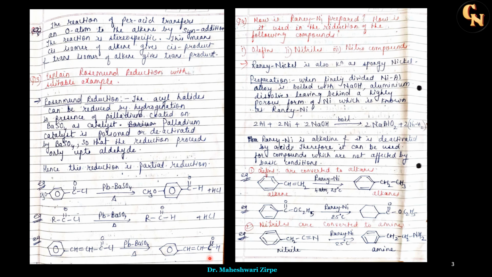So in short, the Rosenmund reduction is used for partial reduction, where acyl halides are converted into aldehydes using palladium and barium sulfate. You should remember that whenever you see the words Rosenmund reduction, you should always remember palladium, barium sulfate and acyl chloride.